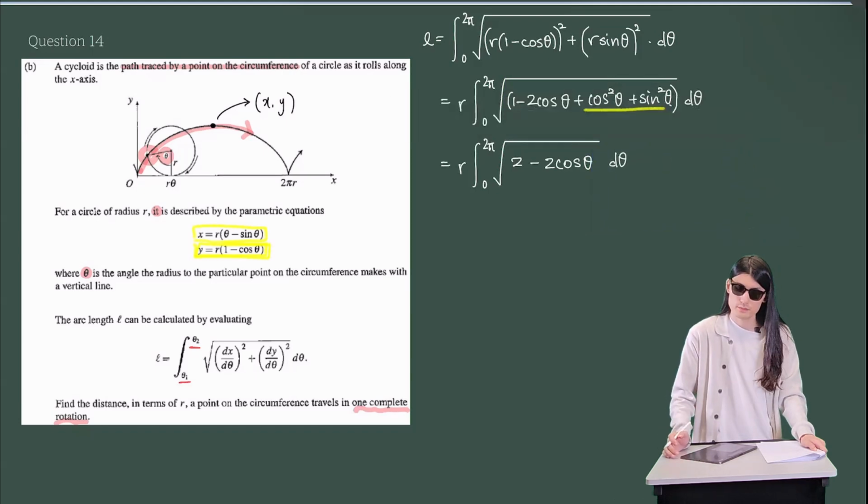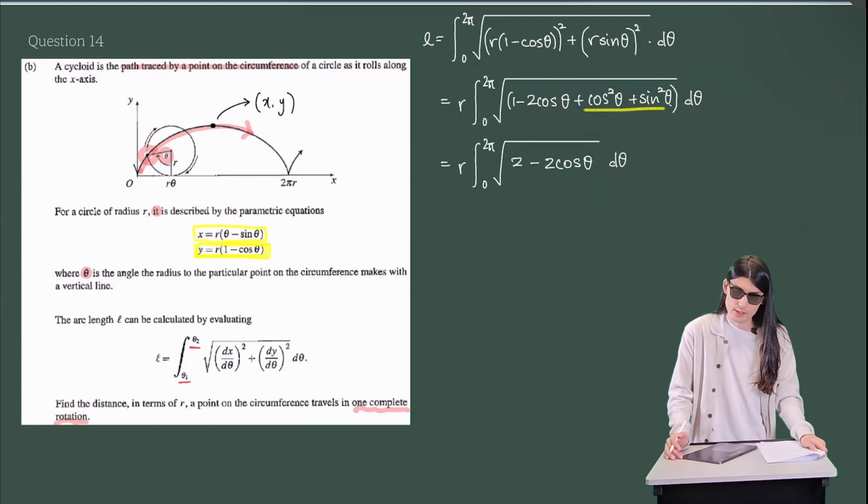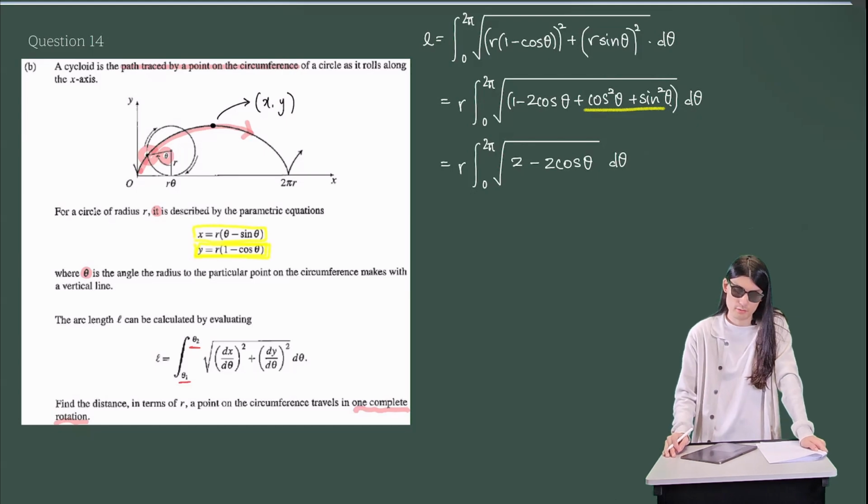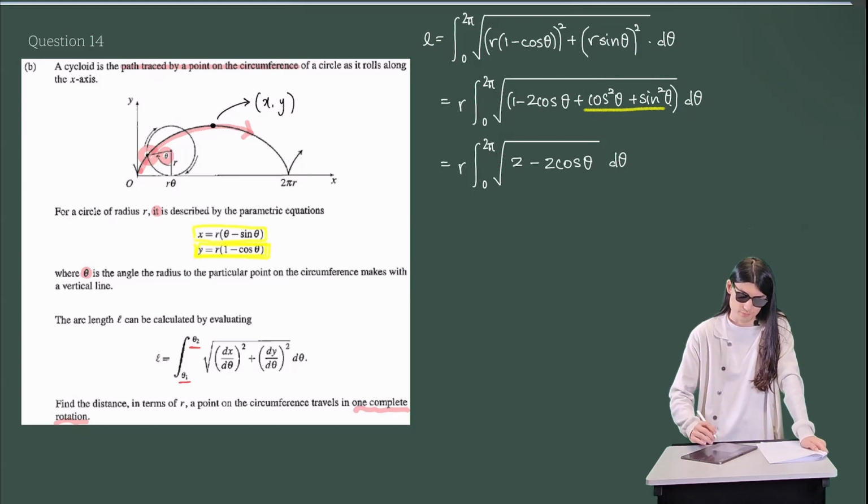Can't we? And then the next step to evaluate this definite integral, I'm going to apply the double angle formula. In your formula sheet, you have something like this given: sine squared theta is 1 minus cosine 2 theta, all over 2.